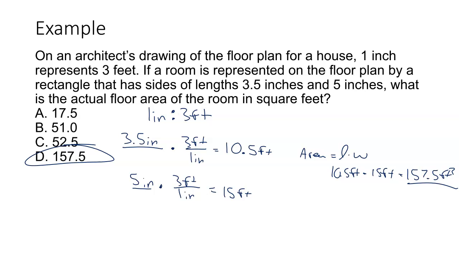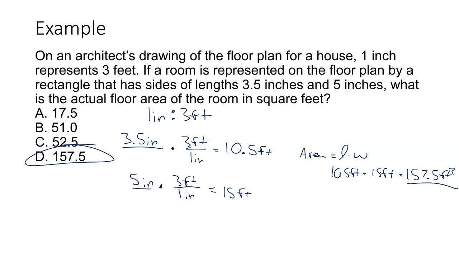Convert your length and your width into feet first before you find the area. If you found the area in inches squared and then converted it to feet, you probably got this number because you're off by a factor of 9. So make sure that before you convert to area, you have it in the proper units first. Otherwise, you need a different scale.